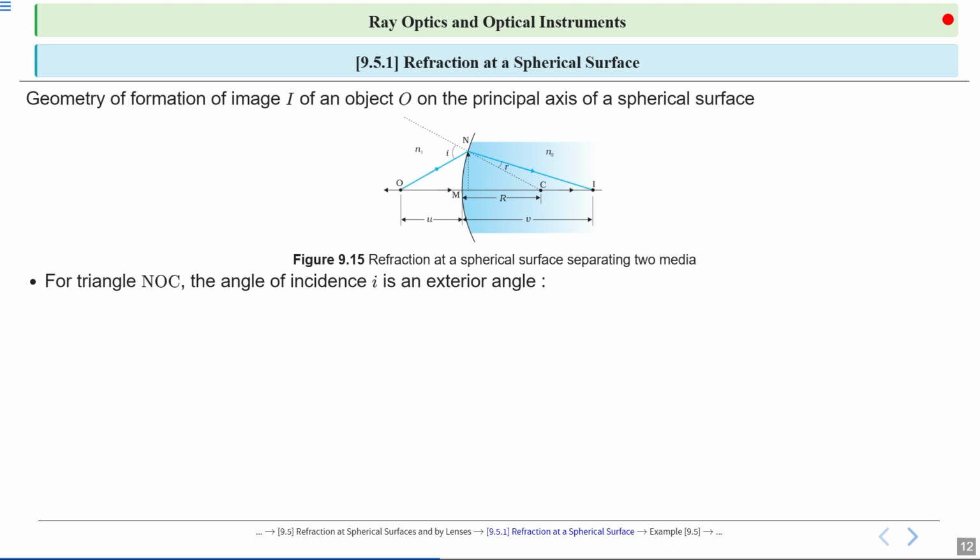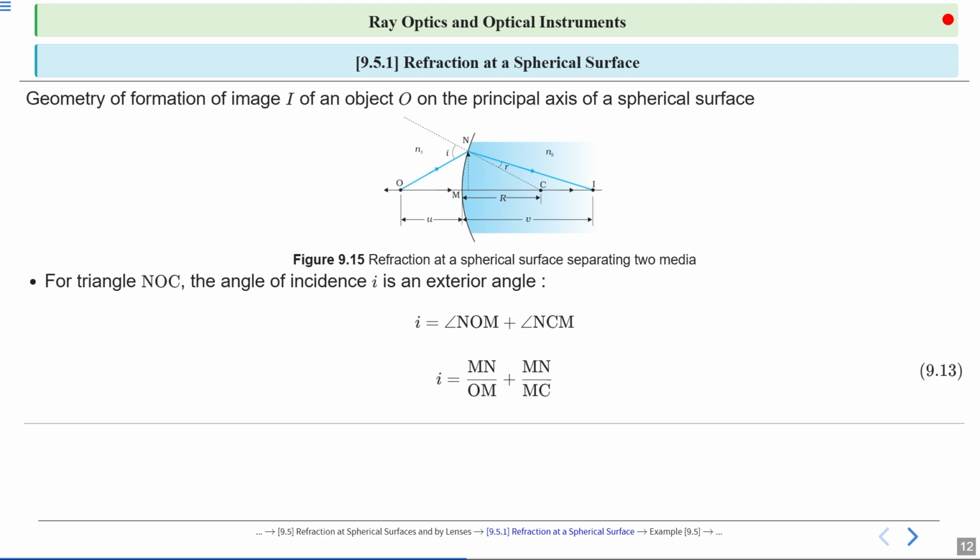So this i will be the sum of the angles NOM and NCM. According to the theorem, the exterior angle will be equal to the sum of the interior angles on the opposite side. So these interior angles are NOM and NCM. So i will be equal to NOM plus NCM.